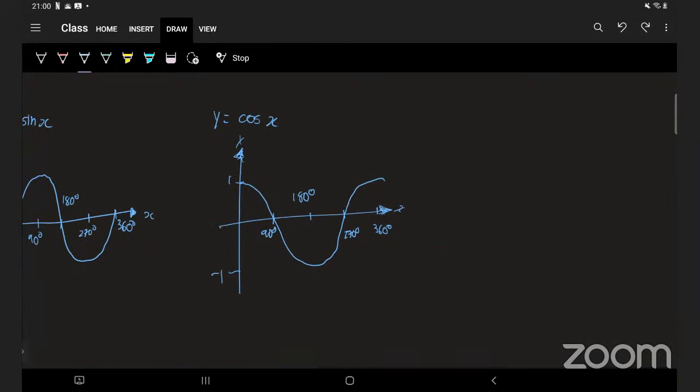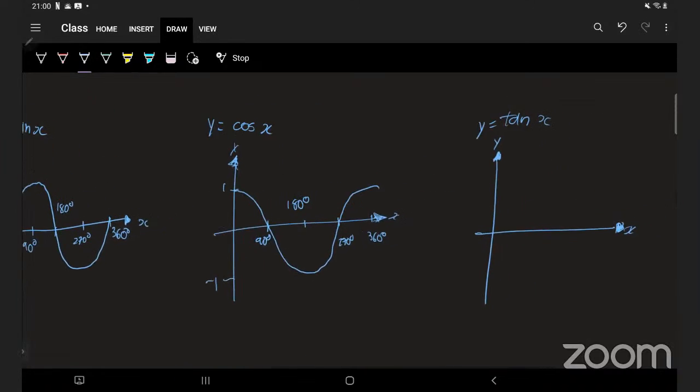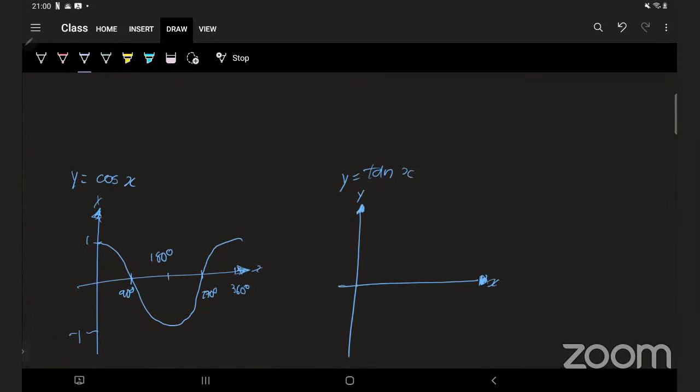And as we know, the tangent graph is completely different from both of these graphs. Let's just sketch it out. So as with sine, it starts from 0, but then it actually goes up infinitely, and then you get these asymptote lines.